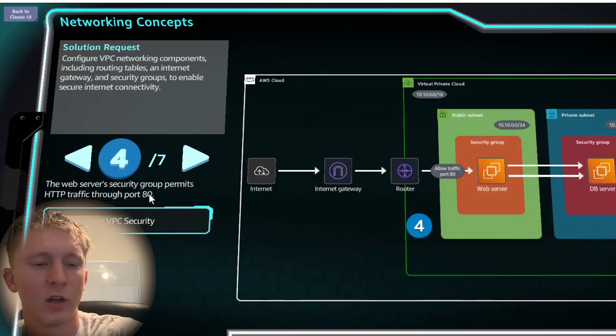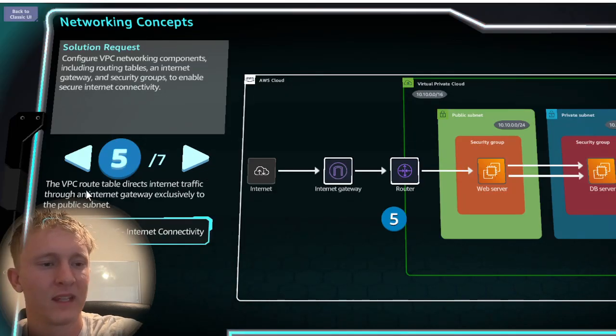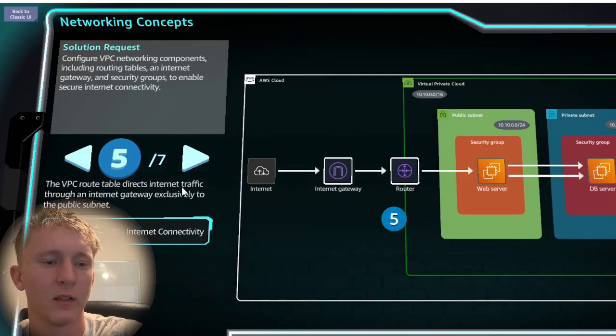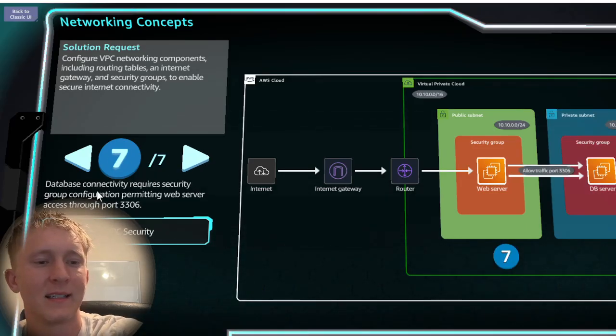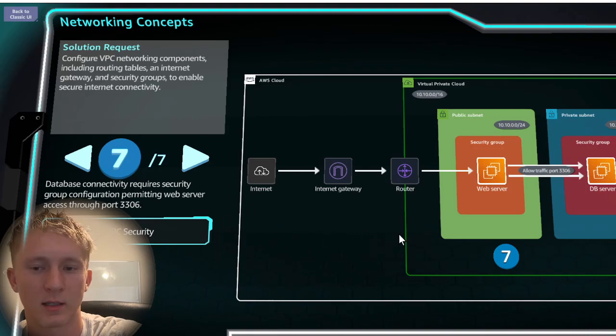The web server security group permits HTTP traffic through port 80. The VPC route table directs internet traffic through an internet gateway exclusively to the public subnet. A database server operates in a private subnet isolated from direct internet access through route table configuration. Database connectivity requires security group configuration permitting web server access through port 3306.